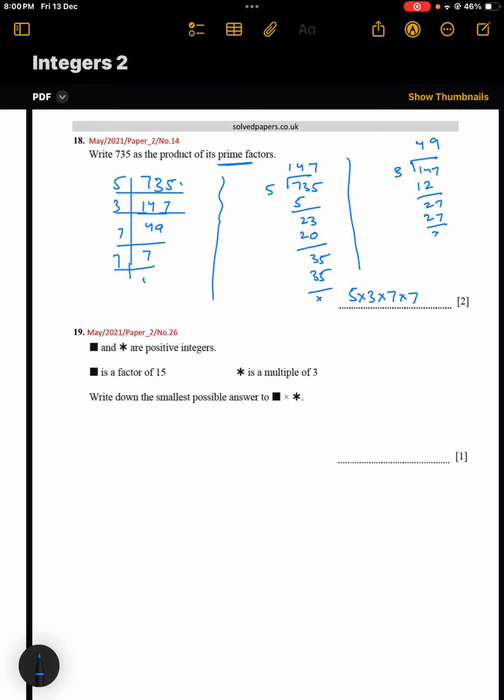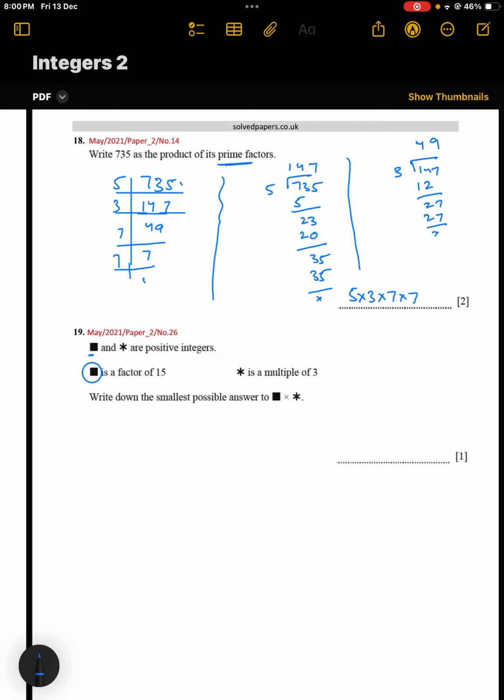Let me confirm this by multiplying 3 with 5, then with 7, and then with 7. Yes, we get 735. Moving to question number 19, it says the square box is a positive integer. The square box is a factor of 15, we have done the same question in the previous questions as well.